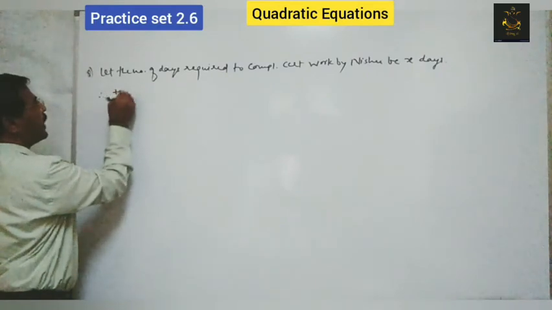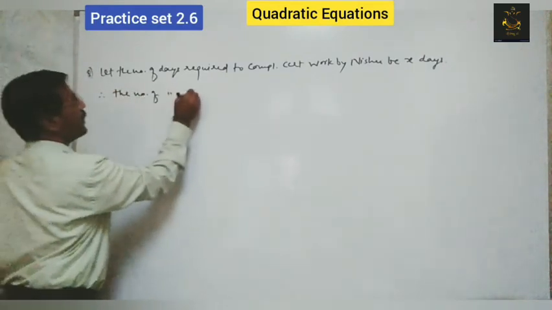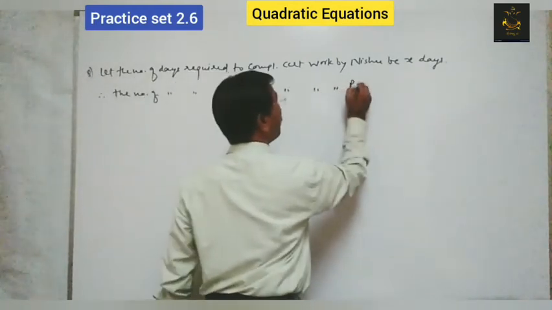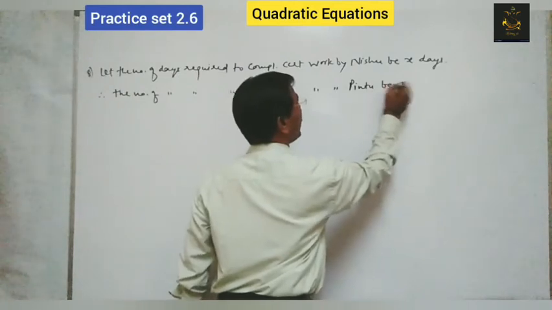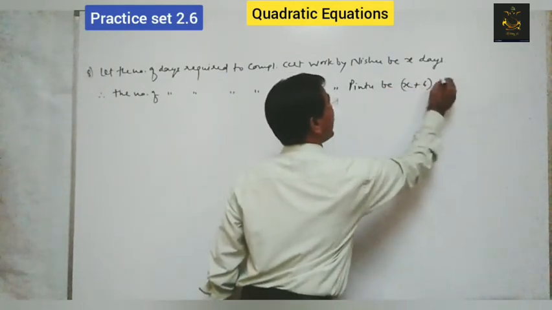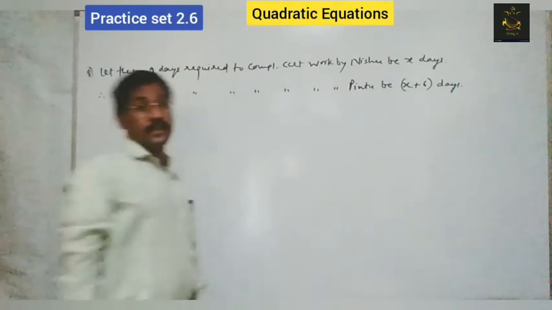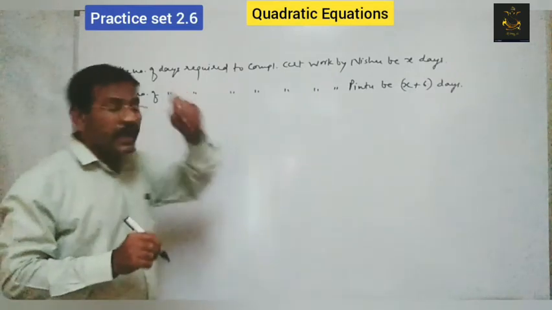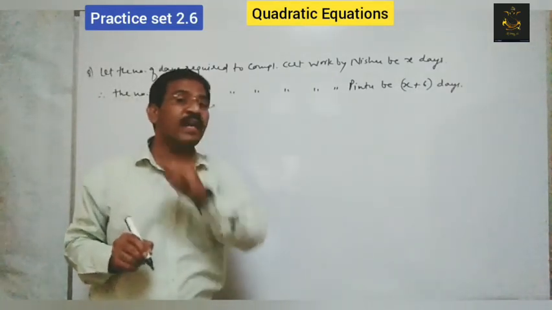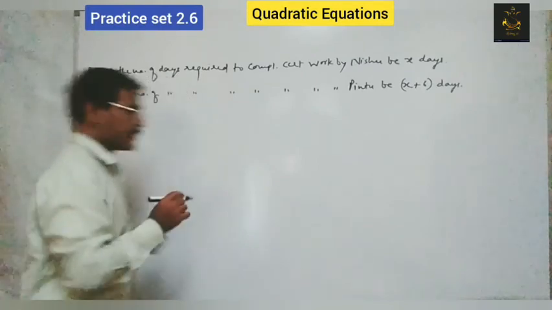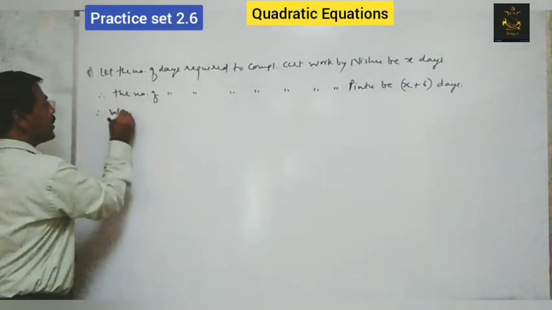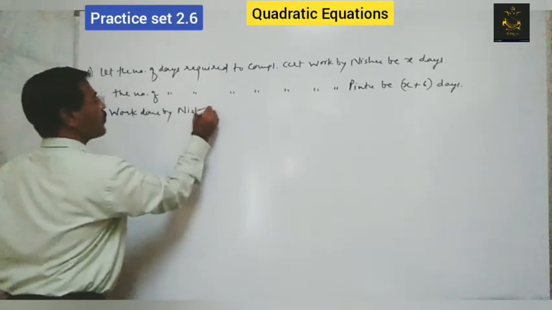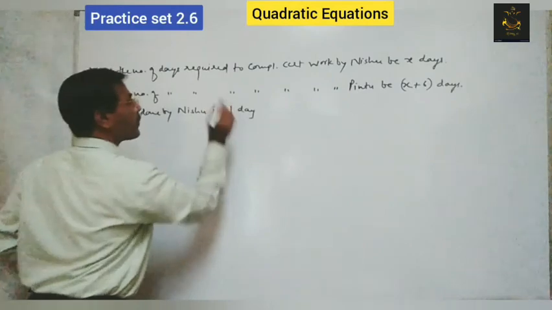Therefore, the number of days required to complete certain work by Pintu be x plus 6 days. This is very important. Now one more thing is very, very important. How much work did both make in one day? That we are going to discuss. Work done by Nishu in one day, how much?